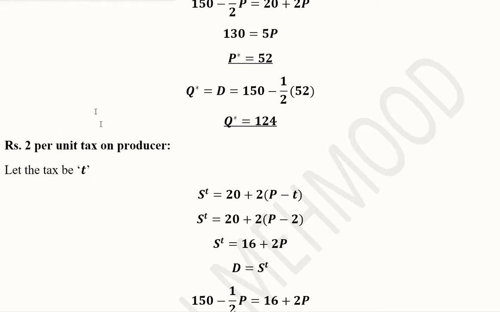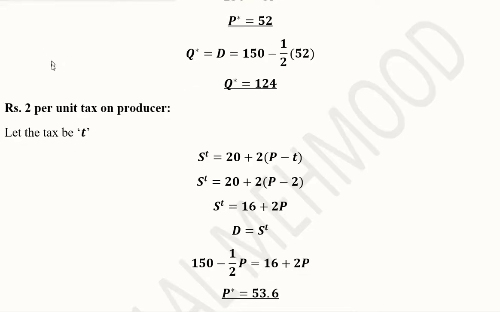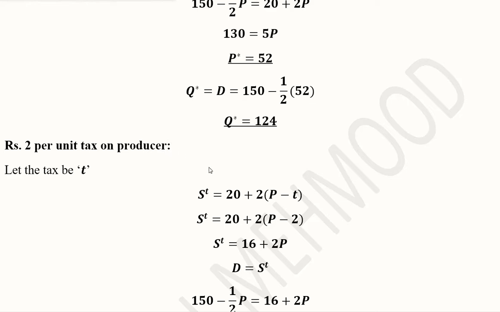Now we consider the main thing, that is to consider the effect of tax on the producer, and it is rupee 2 per unit. So primarily we consider the notation as small t and we incorporate it in the supply function, because we know it is on the producer, so the supplier is going to face the effect of the tax. This is why we used ST, the new supply function, that is supply after tax. So this is P minus T and T is equal to 2 in this case.